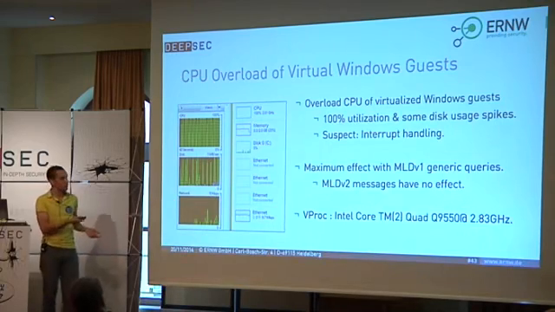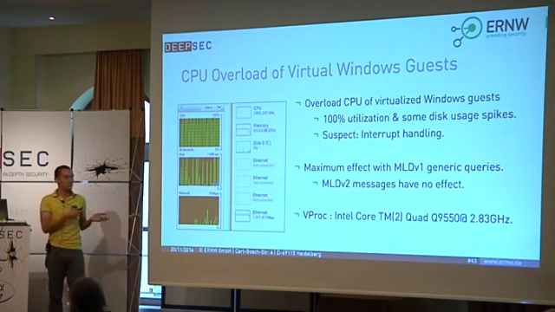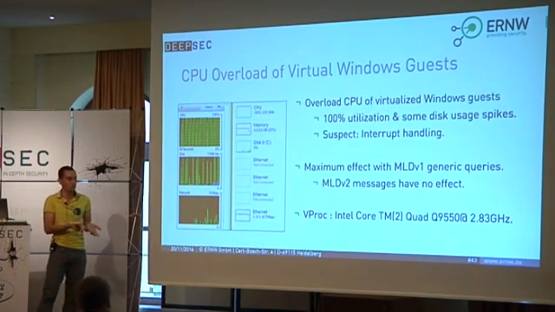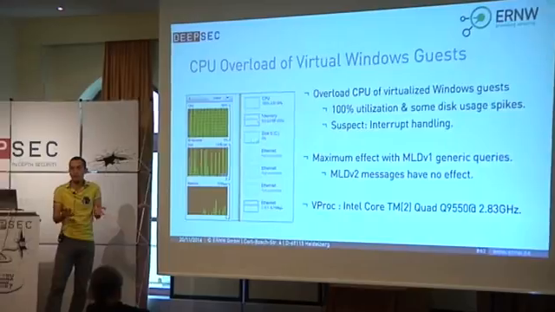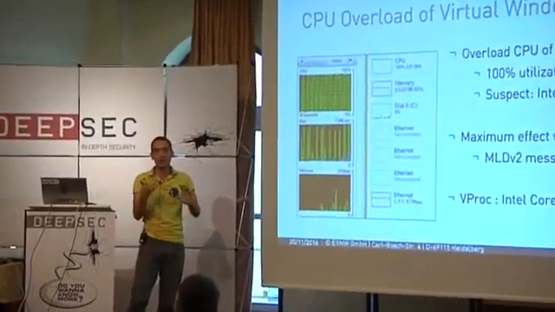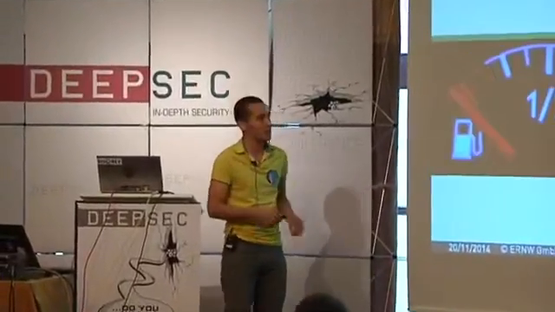We didn't put the screenshot here, but from Linux systems or FreeBSD systems, CPU load reaches 2%. So this is not normal behavior. And this happens in several virtualization platforms. So there's something running under the hood. And the code is apparently different because MLD version 1 and MLD version 2 are not handled at least in the same way. They shouldn't be, but the difference shouldn't be that big.